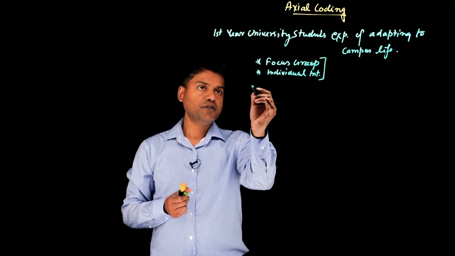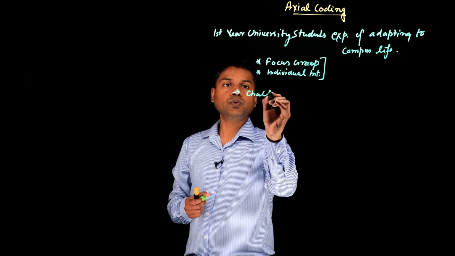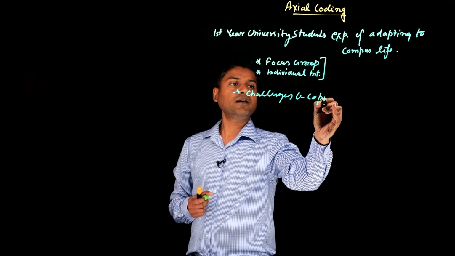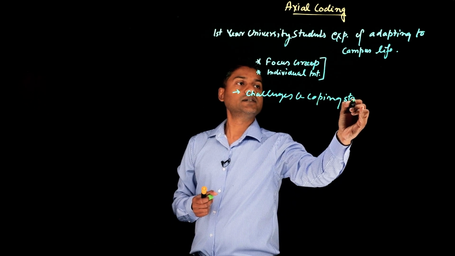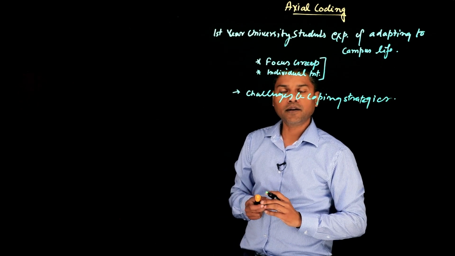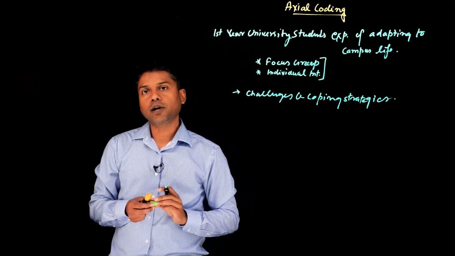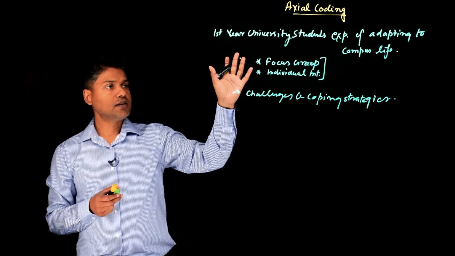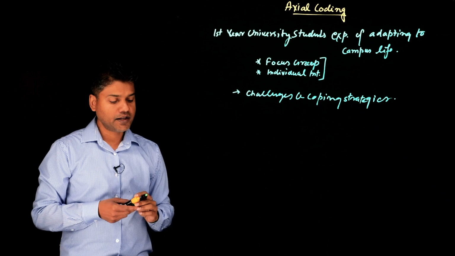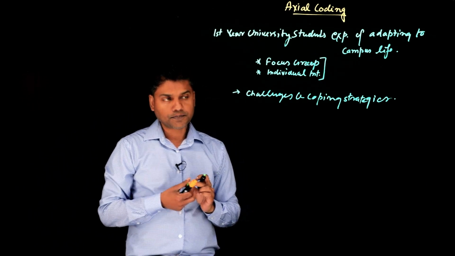During these interviews, I focused on experiences related to challenges and coping strategies that students apply in the process of adapting to campus life. So in that study, I'm collecting data through focus group and individual interviews.